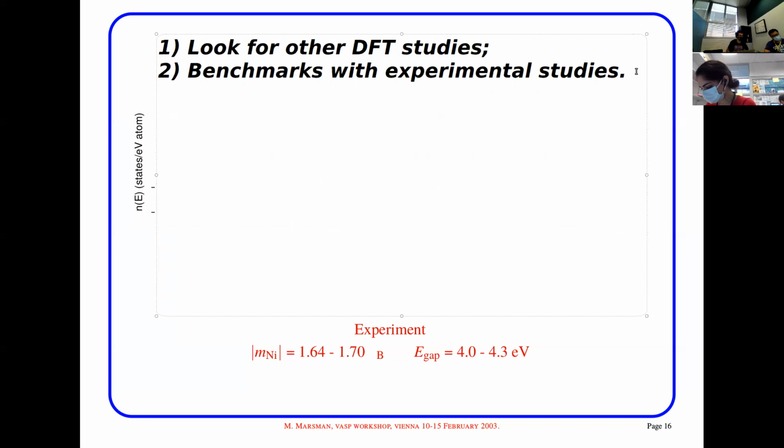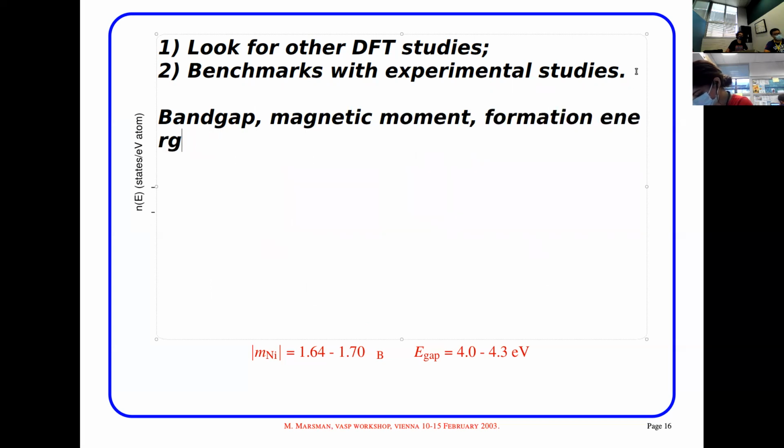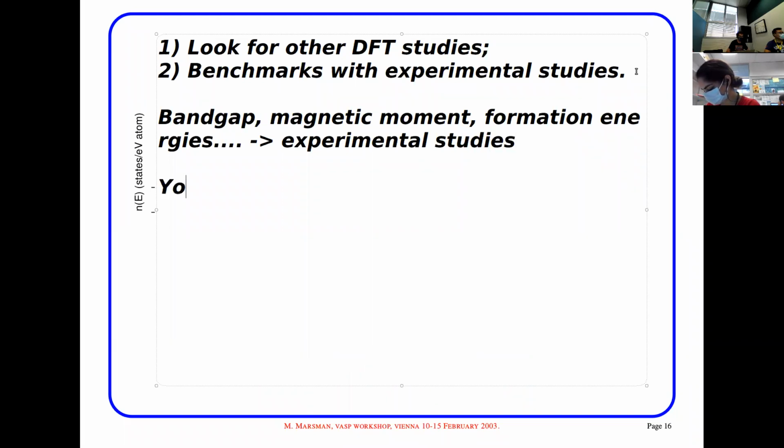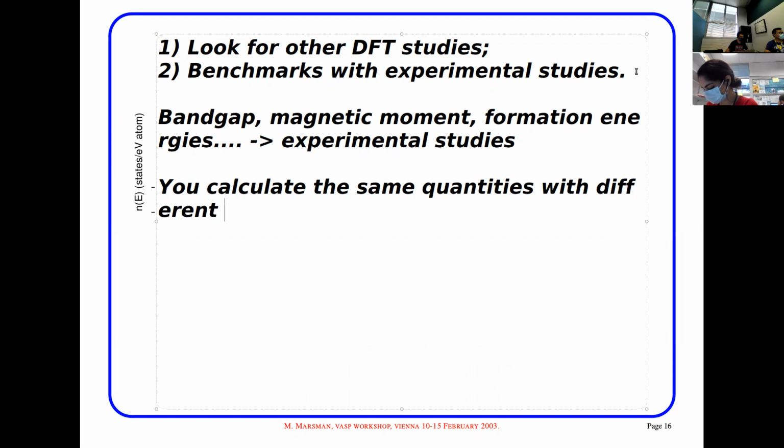So if you are, for instance, looking at a band gap, you can take band gap, magnetic moment, formation energies. So all these experimental properties, you take them from experimental studies and you calculate the same quantities with different U corrections, okay?